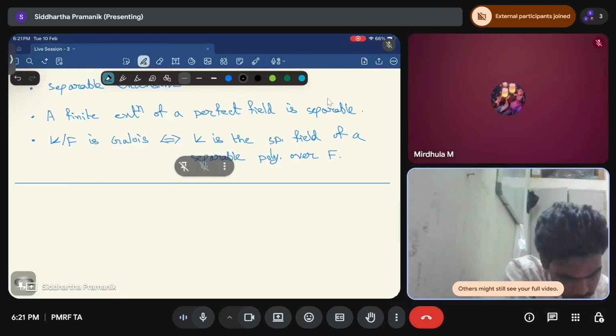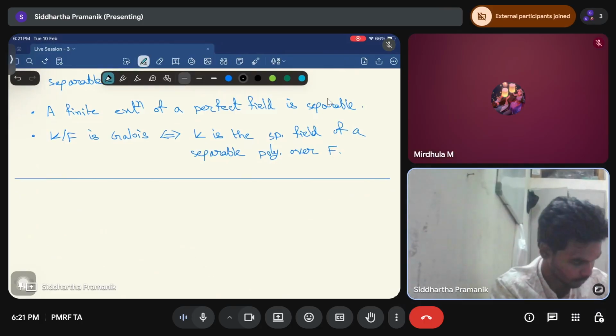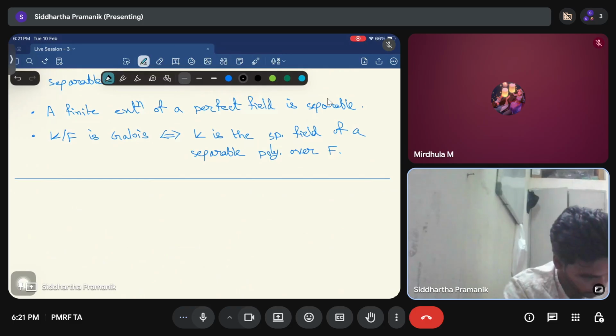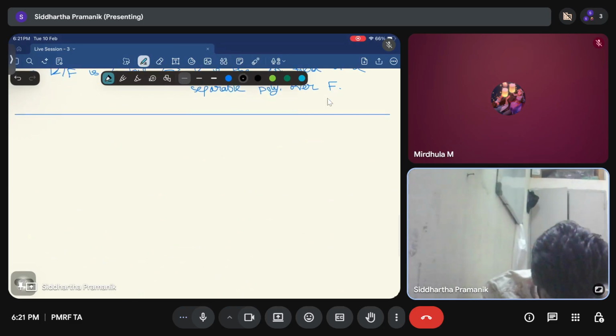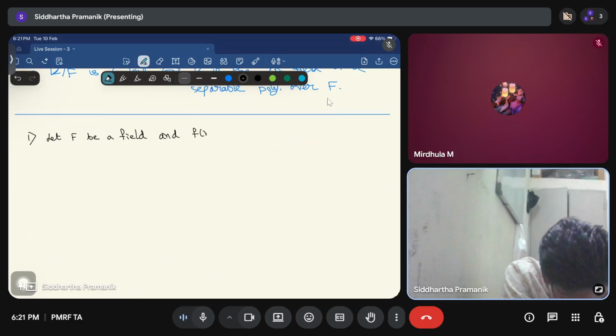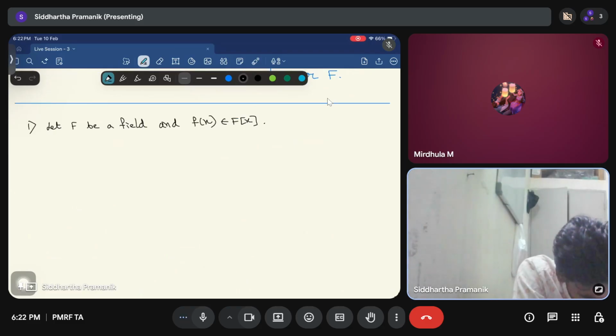Okay, so first let's do some simple problems, but which will be useful later. Let F be a field and let f(x) be a polynomial in the polynomial ring F[x].